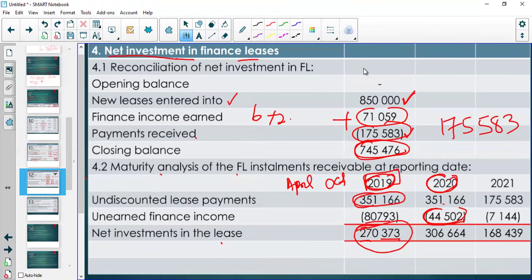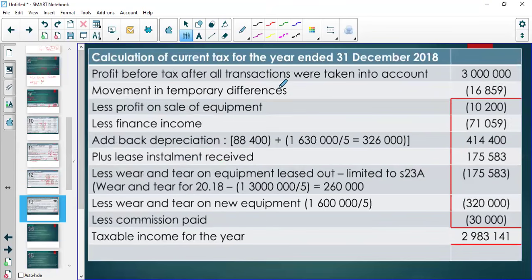Finally, we come to a final discussion of the current tax calculation. This is just a demonstration using the income statement approach. So this amount is given. Assume after all transactions were taken into account, we have 3 million.